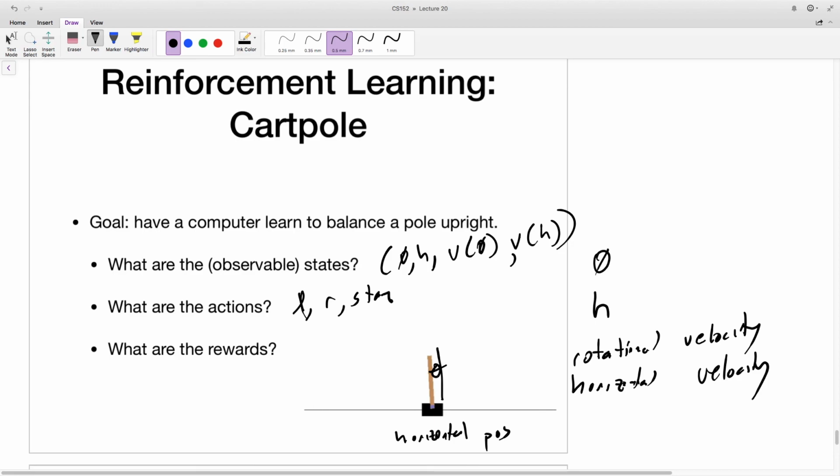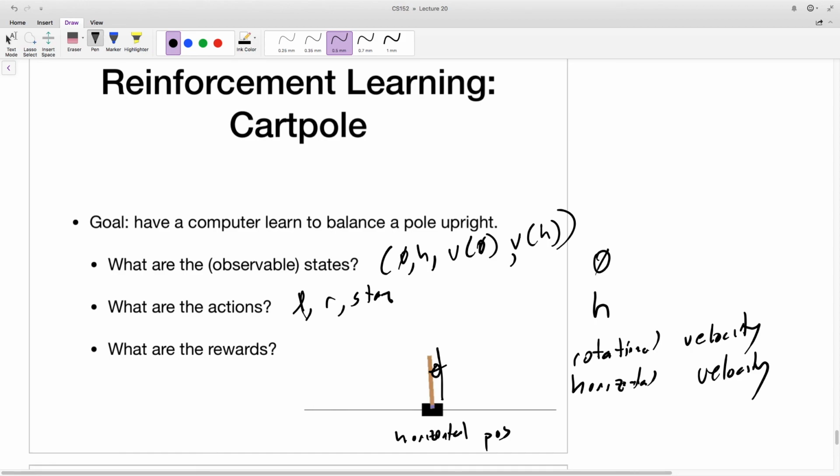How do we know it's balanced? Well, which velocity? Angular velocity, but imagine the way I chose to balance it is I'm going to go back and forth, kind of like a pendulum, upside down.